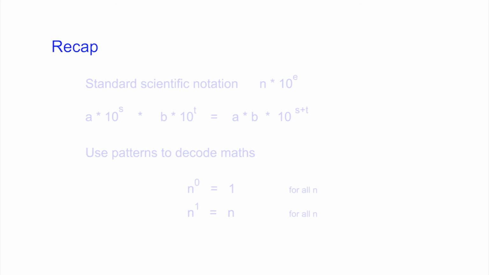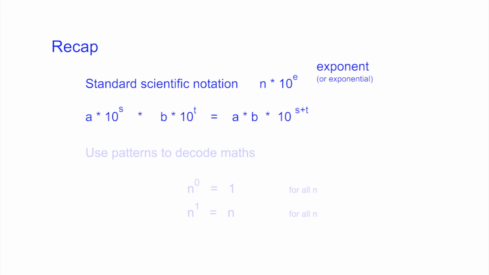So in this video we have seen that any number can be converted into standard format to make dealing with very large and very small numbers a doddle. Standard format has one digit to the left of the decimal place and is multiplied by 10 to the power of a number known as the exponent or exponential. When multiplying standard format numbers, we multiply the small, easy to handle numbers and then just add the exponentials.